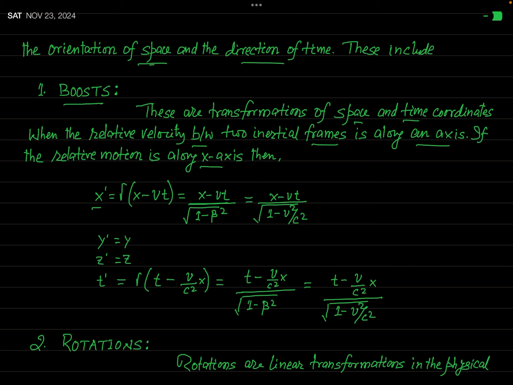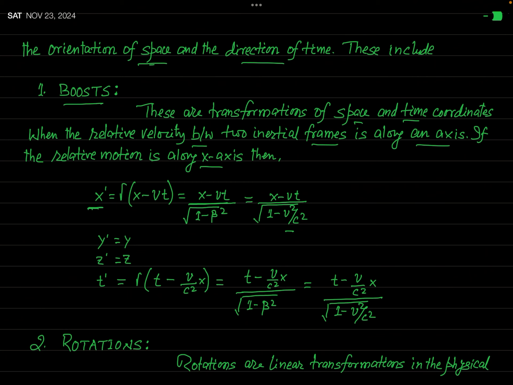But beta is v over c, so instead of beta square, you may write v square over c square. In this way, you can write the transformation equation for the x coordinate. If you know the x coordinate of the event in frame S and the relative velocity between the two frames, then you can find the x coordinate, x dashed, of the same event in frame S dashed.